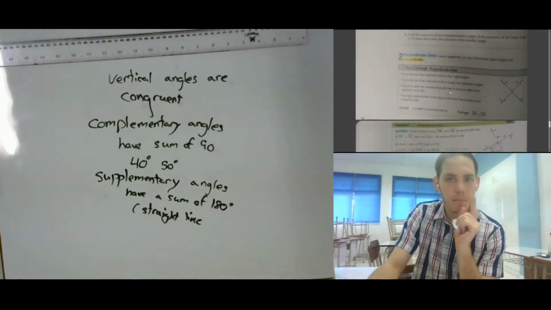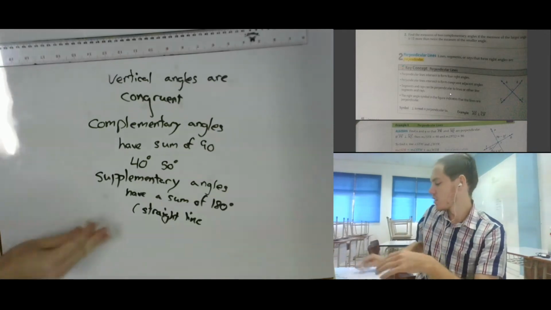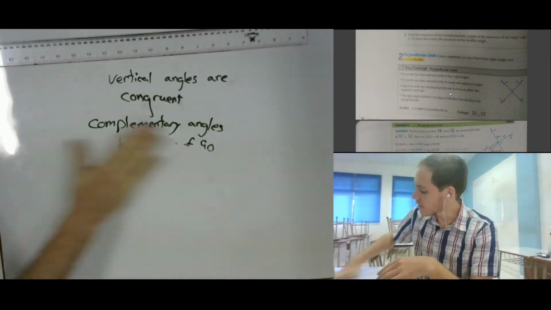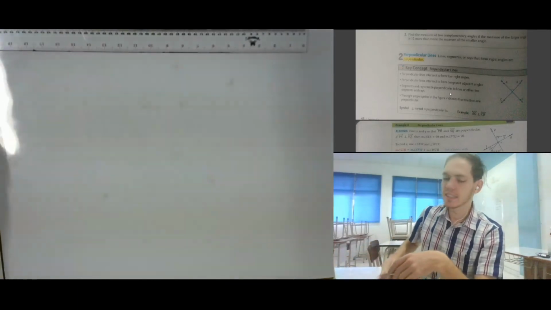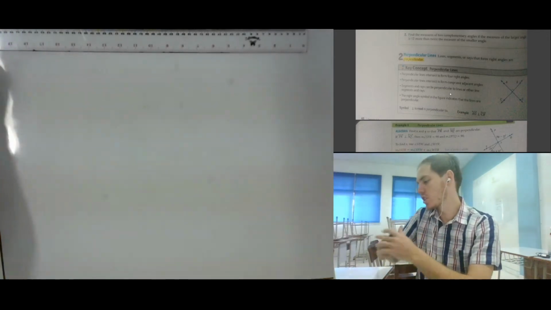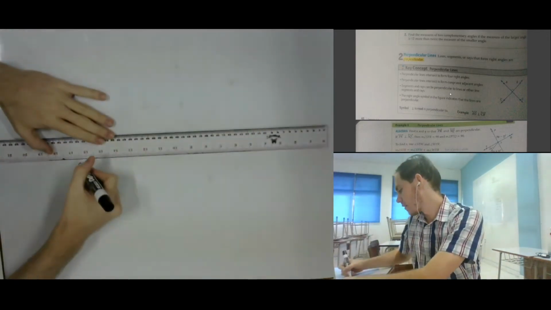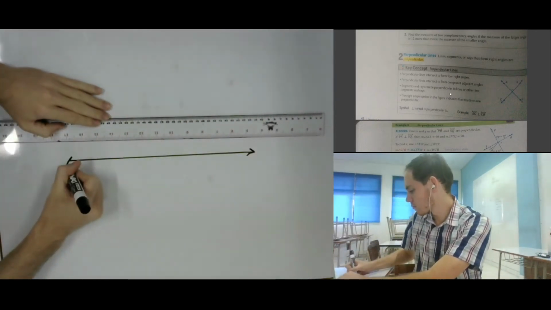Perpendicular lines form 4 right angles. Okay. So perpendicular bisector. You have a line, and you use your compass.